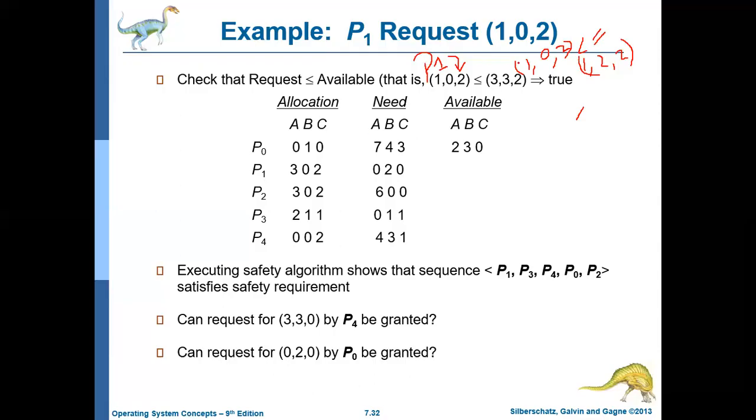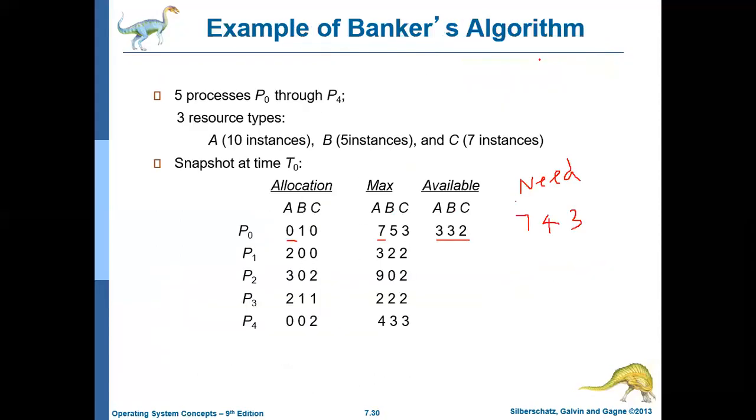What is the request? It is asking for one more instance of A and two more instances of C. Currently it is 202. So with one more instance of A, this will become 3, and with two more instances of C, this will become 2.